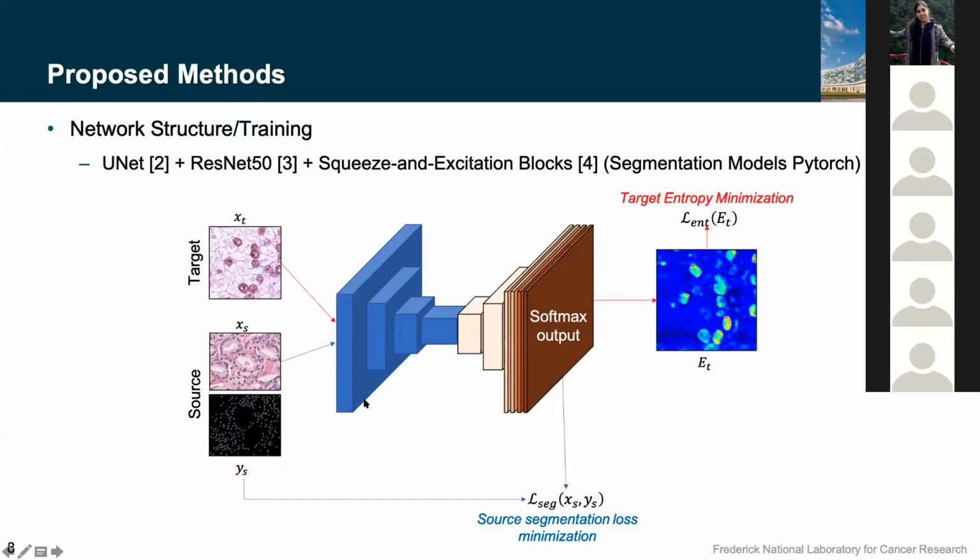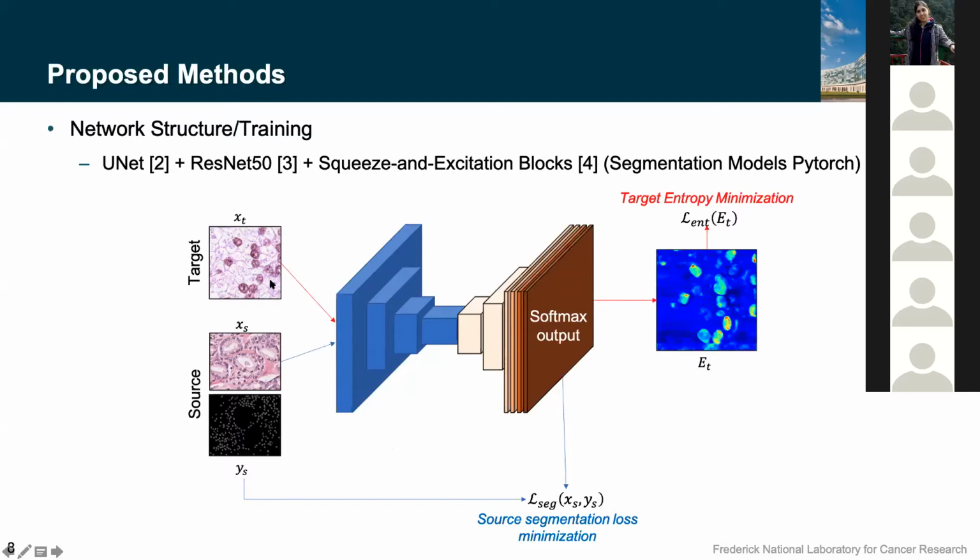As you can see, during the training process, source images and target images are fed to the network at the same time. We utilize two loss functions. The first loss function is source segmentation loss minimization, which minimizes the difference between the prediction and the source label.